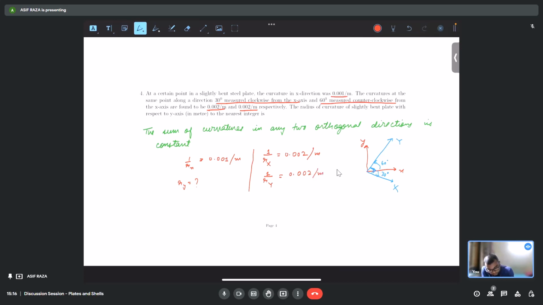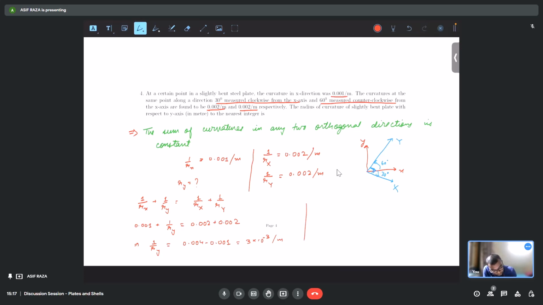Using this, we get 1 upon rx plus 1 upon ry equals 1 upon capital Rx plus 1 upon capital Ry, so 0.001 plus 1 upon Ry is 0.002 plus 0.002. 1 upon Ry is 0.004 minus 0.001. It's equal to 3 into 10 to the minus 3 per meter.